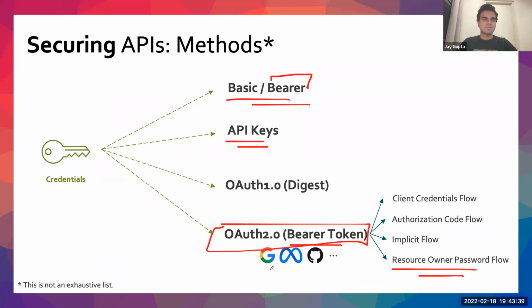Just to give you a few motivating examples, Google, Meta, GitHub, LinkedIn, every time you do a single sign on a website or any kind of logins, OAuth 2 is used to identify you. They have their own APIs, and these APIs use OAuth 2 mechanisms to encrypt and identify who the user is. So in this workshop, we will be focusing on OAuth 2.